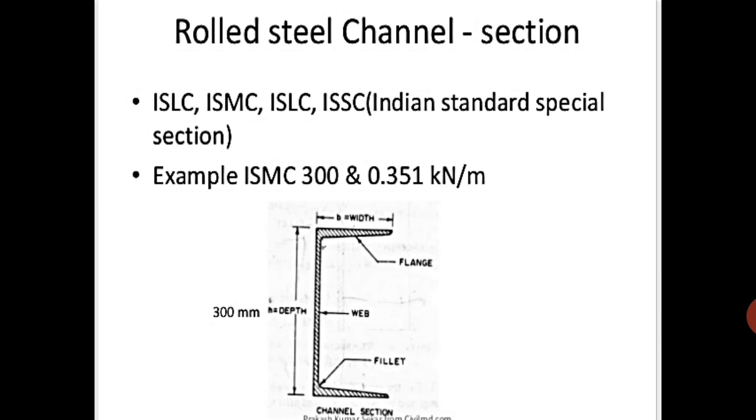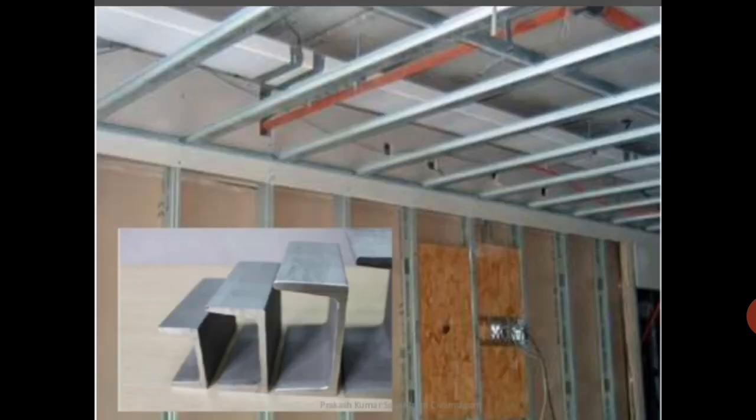In the channel section, the upper part is known as flange, the middle part is known as web, and the lower part is known as fillet. Okay, this is the diagram of channel sections and their connections.